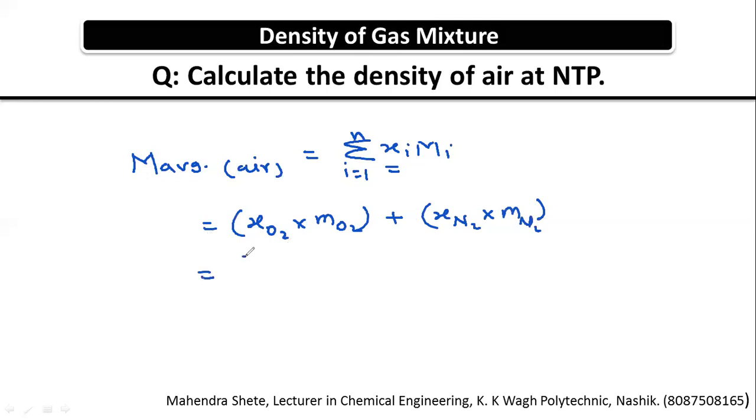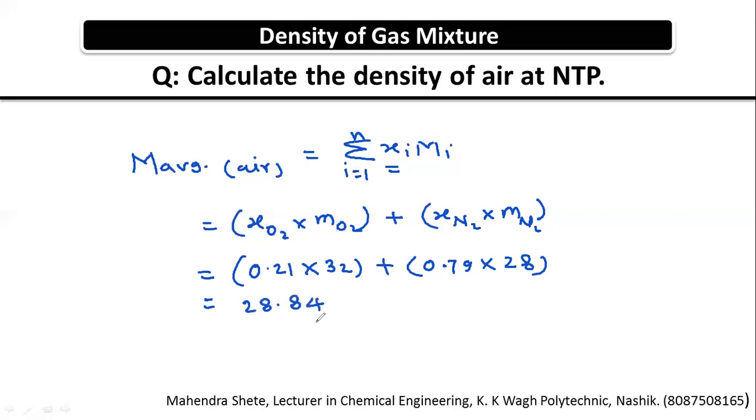We know that air contains 21% oxygen, so the mole fraction will be 0.21, and the molecular weight of oxygen is 32, plus air contains 79% of nitrogen, so the mole fraction will be 0.79 into molecular weight of N2, which is 28. After solving this equation, we will get the average molecular weight of the air as 28.84.